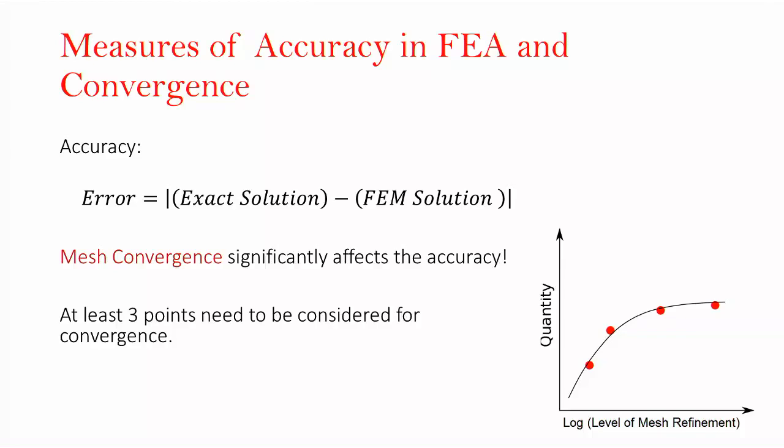And then try to plot the results in terms of the level of the mesh refinement, the number of the elements, and the order of the elements. And if you see that after a specific mesh size, you're not going to get more accurate results, it means that you already got to the convergence zone.